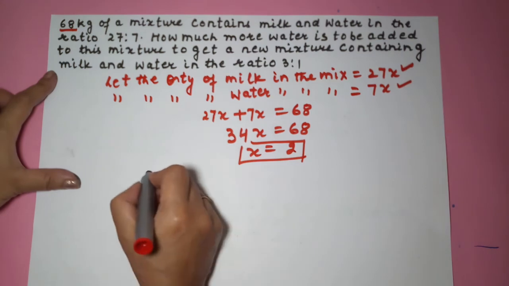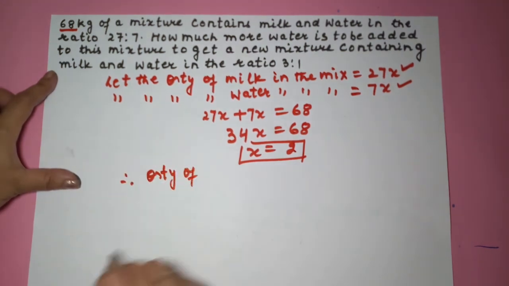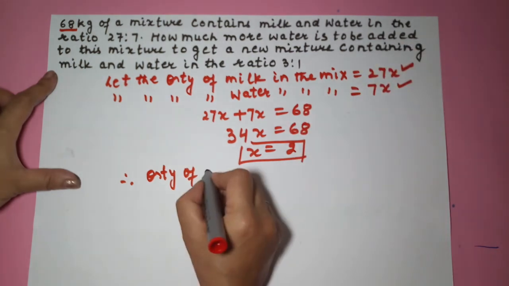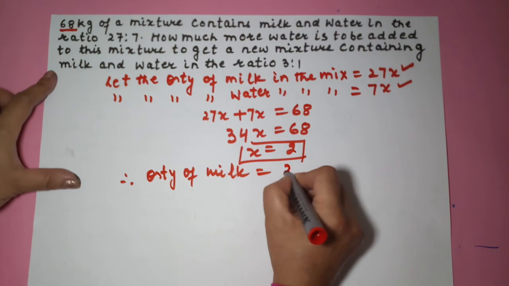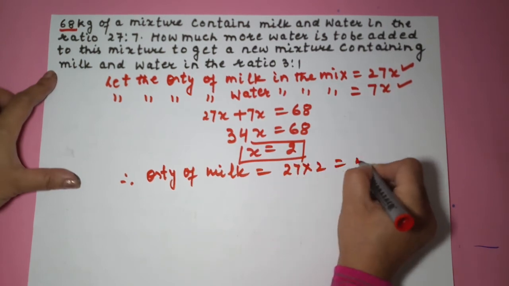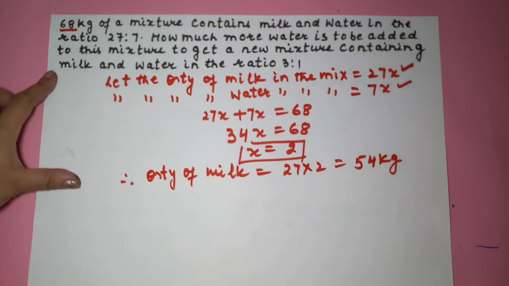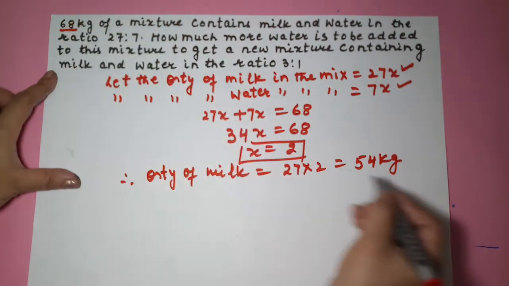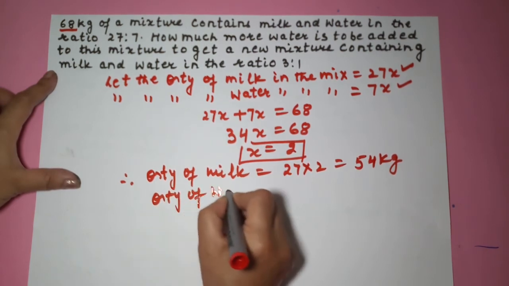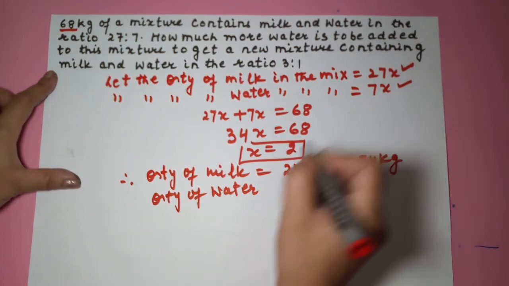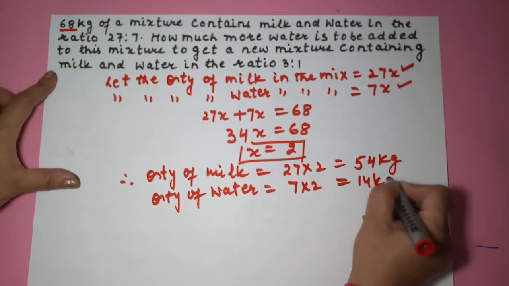Milk is 27 into 2, which is 54 kilograms, and the rest is water. You can subtract this from 68 directly, or you can find the quantity of water as 7x, that is 7 into 2, which is 14 kilograms.